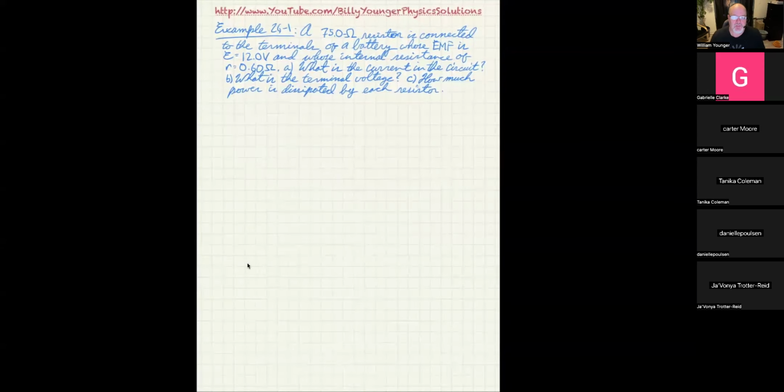Okay, so I've mentioned this before, but basically what we do when we're treating a battery to treat it like a more real life battery is we assume it has a perfect EMF source inside of it.